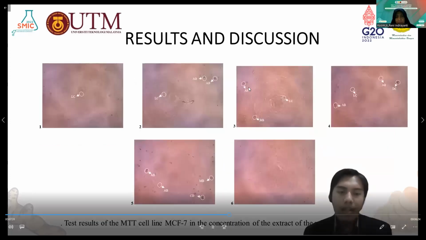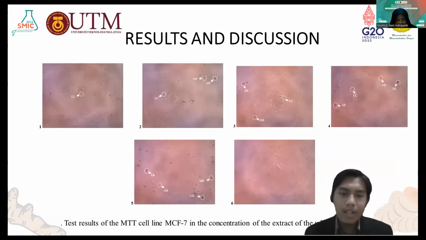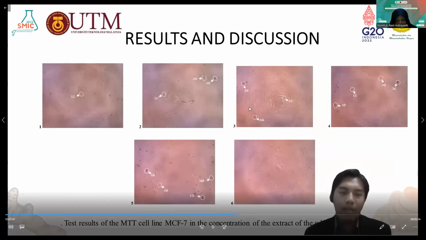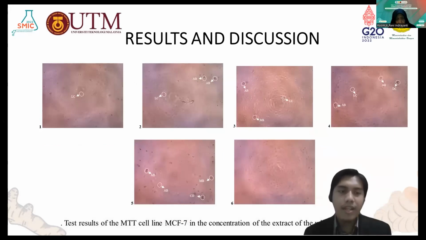And then it's the same for the MCF7 in the concentrations of the extract of white turmeric, 1, 2, 3, 4, 5, and 6 are the same as for the HepG2 cells, representing the concentration of every treatment. Yeah, we can also see the dead cells, live cells, membrane blebbing, and apoptotic bodies.